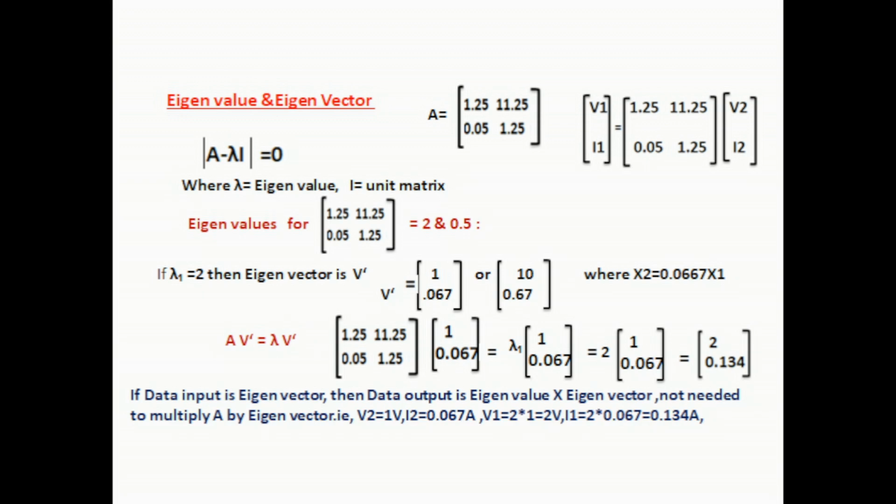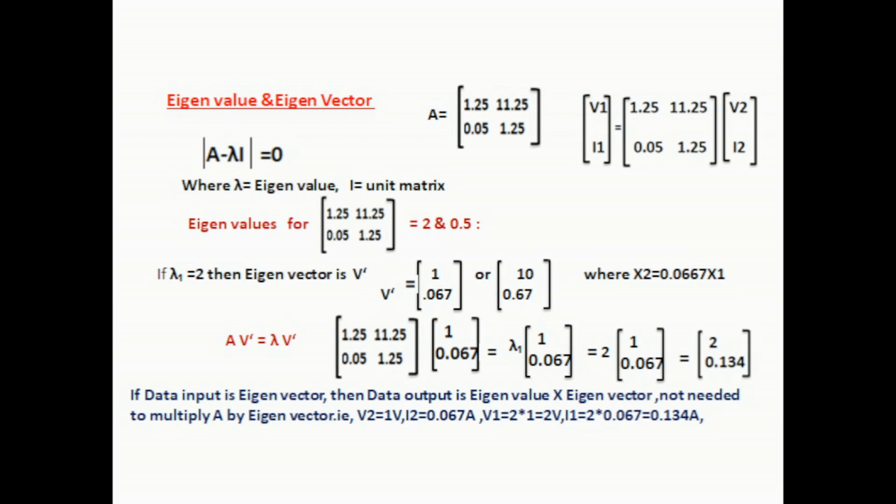That is, the 1.25, 11.25, 0.05, 1.25 matrix multiplied by the eigenvector 1, 0.067 equal to lambda into the eigenvector 1, 0.067. Since lambda 1 is equal to 2, this equals 2 into 1, 0.067. That is equal to 2, 0.134.